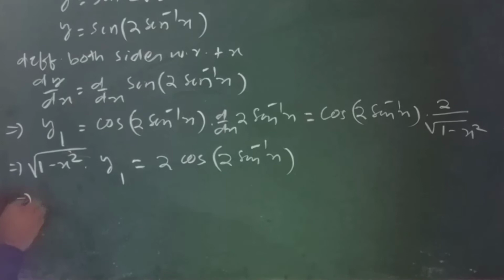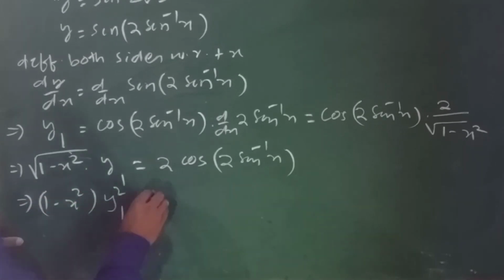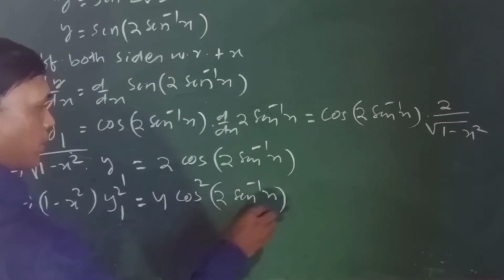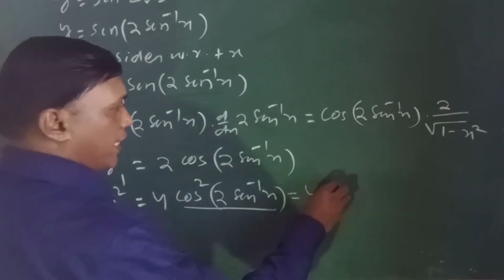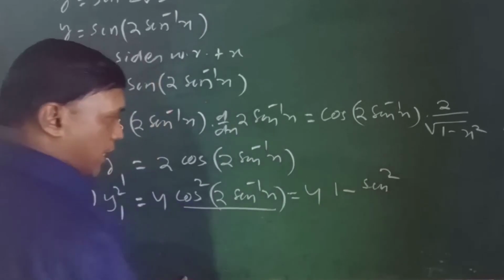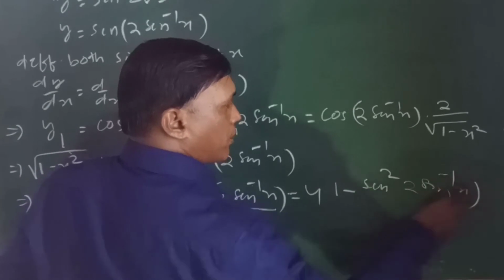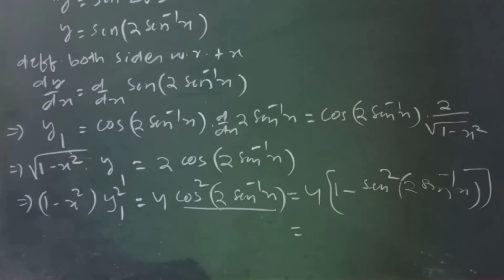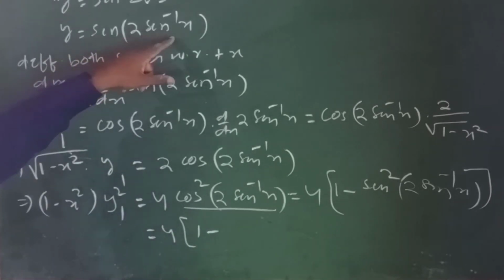Now squaring both sides, we get (1 minus x square) into y1 square is equal to 4 cos square of 2 sin inverse x. This is cos square theta, and I can write it as 1 minus sin square theta, where sin square theta is sin square of 2 sin inverse x. So this is 4 into (1 minus sin square 2 sin inverse x).